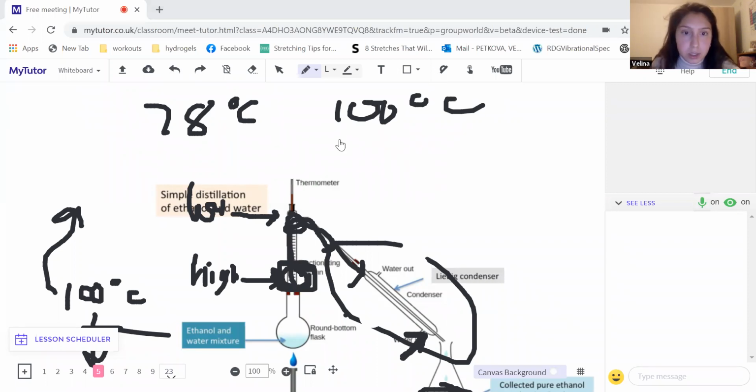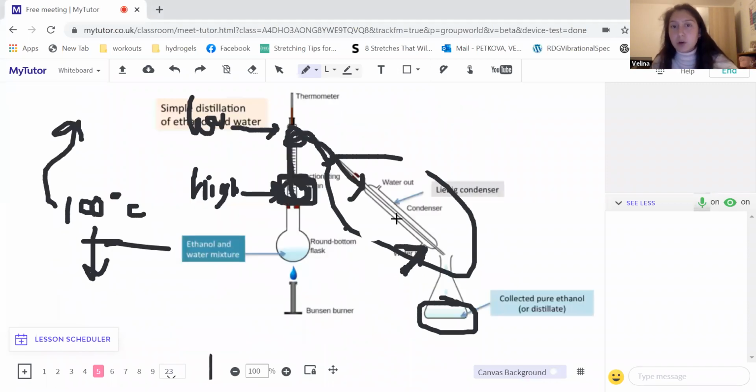Let me just check the question answer bit. So the water out is there because if you just had constantly water in here and it wasn't changing, the steam is going to heat up the water. That's why you need a constant flow of water.